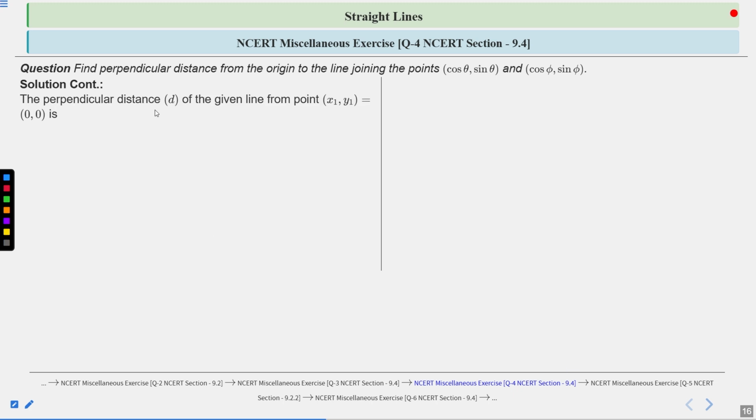So the perpendicular distance of the given line from the point, here the origin, is d equals modulus of (sin theta minus sin phi) times 0 plus (cos phi minus cos theta) times 0 plus sin of (phi minus theta), divided by square root of (sin theta minus sin phi) whole square plus (cos phi minus cos theta) whole square.